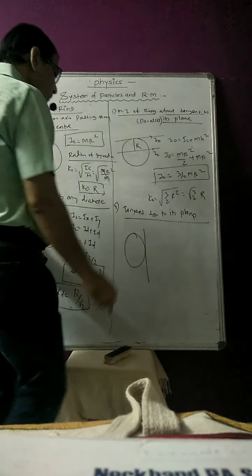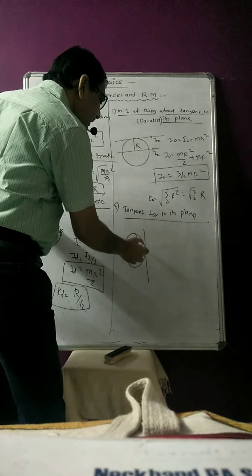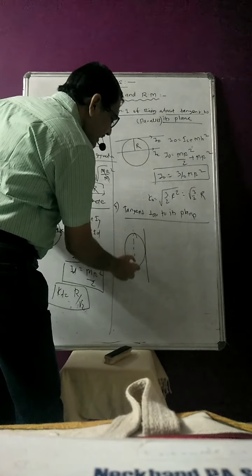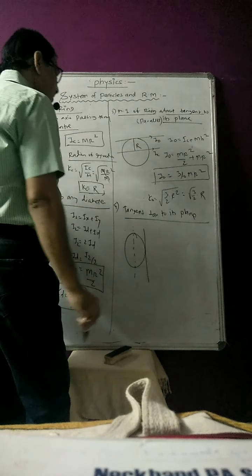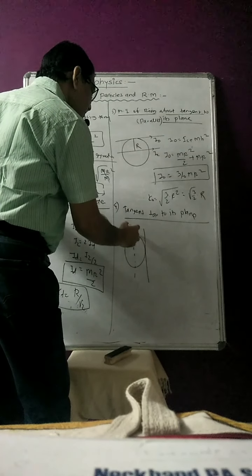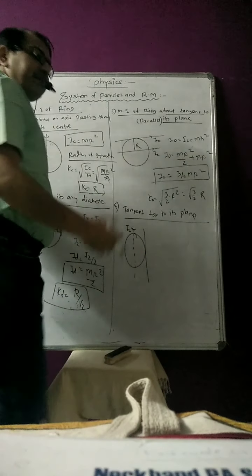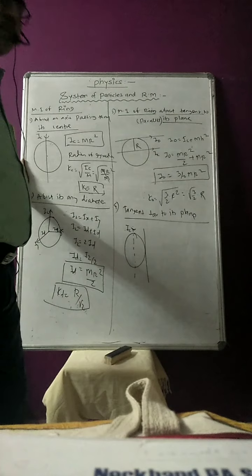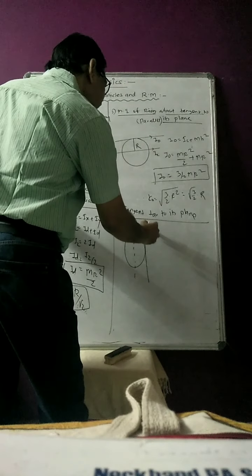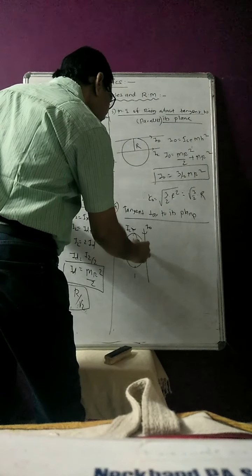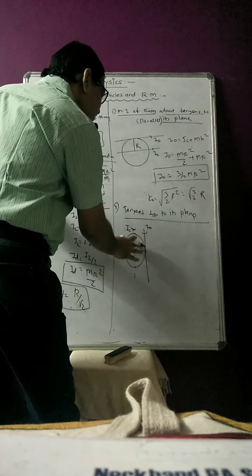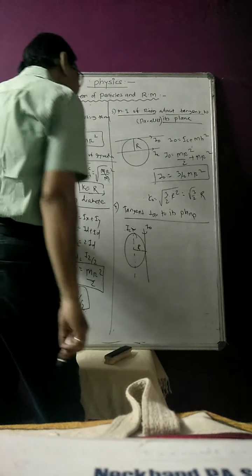Now if I want to find this, the axis passing through its center perpendicular to its plane, that moment of inertia I know. I want to find this moment of inertia, and that distance is supposed to be r. So that distance h is the radius.